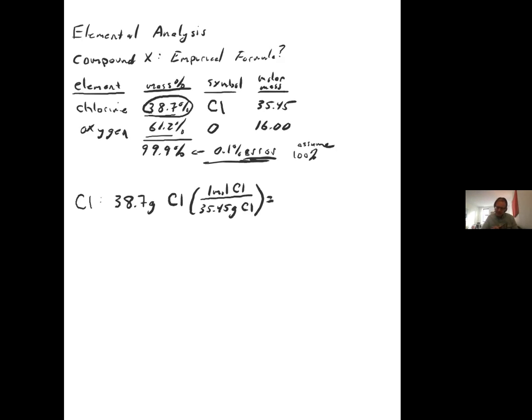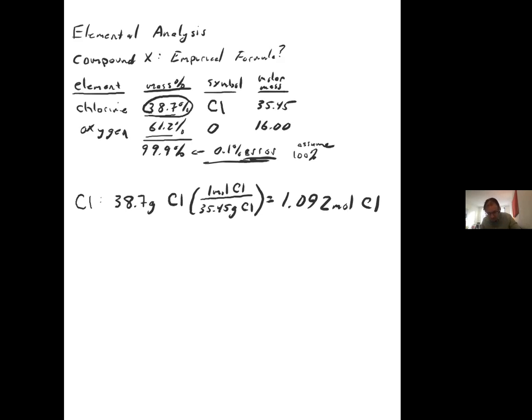And then you see what you get there. Again, you won't get a whole number here. 0.09, and again, 3 sig figs, so I'm going to add 1 extra, so 0.92 moles of chlorine.